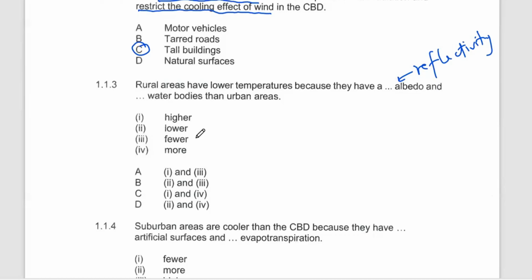The albedo in rural areas is higher, and also we tend to find that we have more water bodies. The water bodies are responsible for producing a cooling effect because of evaporation, and also because of high reflectivity, much of the heat is lost because of the reflective effect. So item number 1 and item number 4 combine to give us the correct response at item C. Right, moving on to the next question.